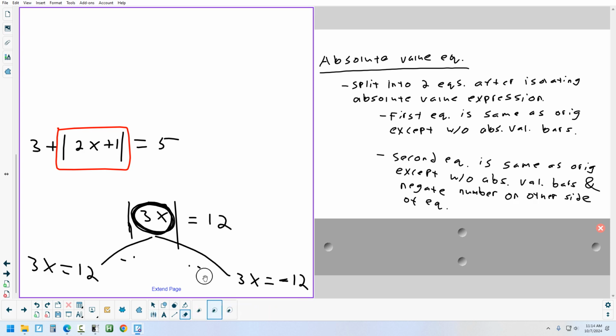So if you didn't know the answer, that's how you would split up this problem to solve it. What's inside the bars equals 12, and what's inside the bars equals the opposite of 12. So negate just means change the sign of, just a shorter way to say it.